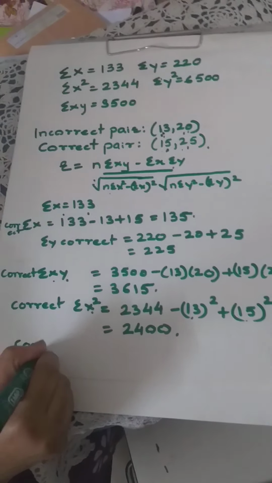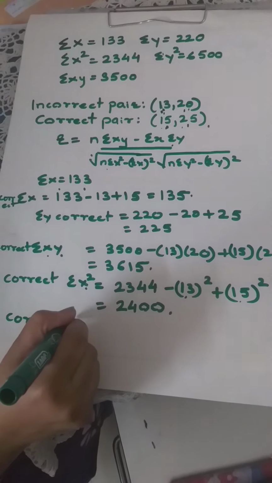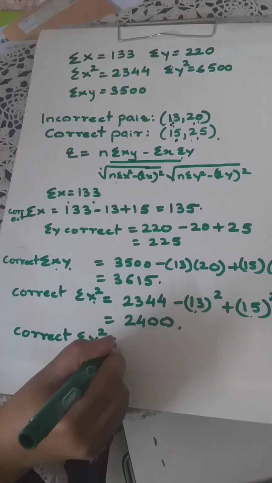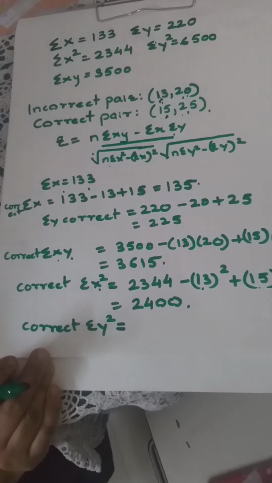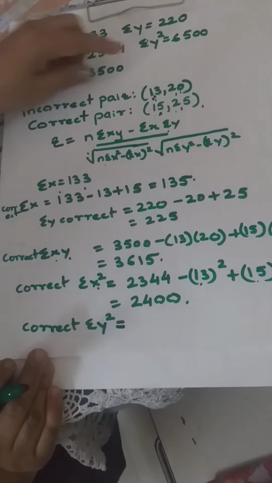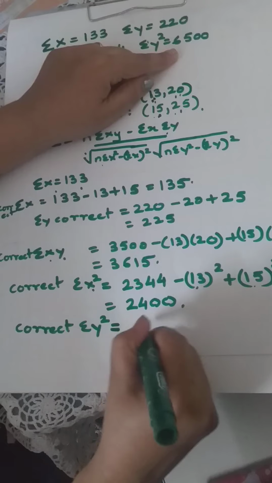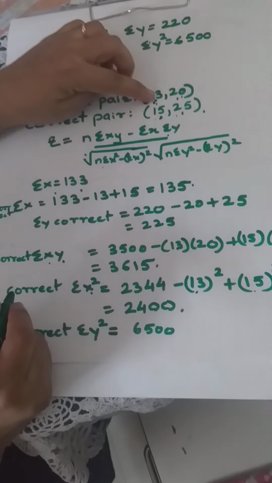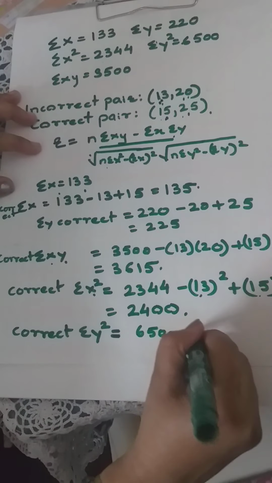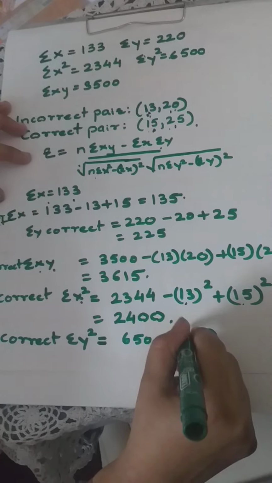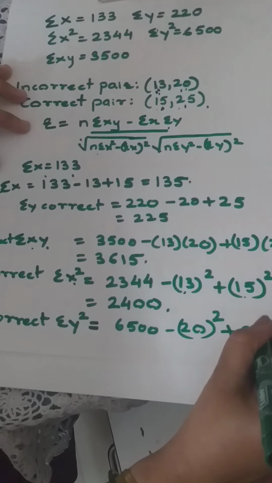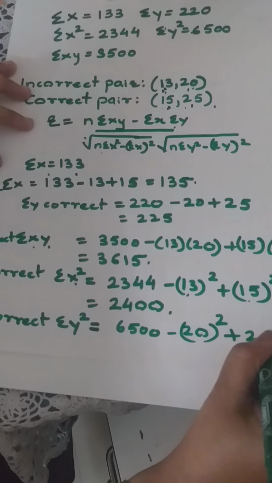Similarly, I want to find the corrected value of summation y square, and this value I can find out by taking summation y square 6500, the previous reading, and subtracting the incorrect 20 square and adding to it 25 square.